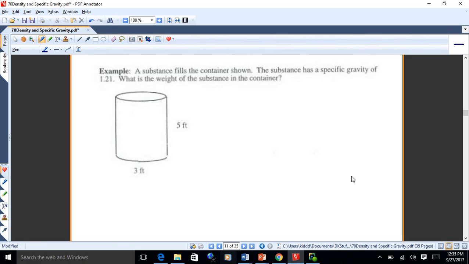Well, that's a specific gravity. That's the one we found over here. Yeah, that's water. So this takes 62.4, which is water.